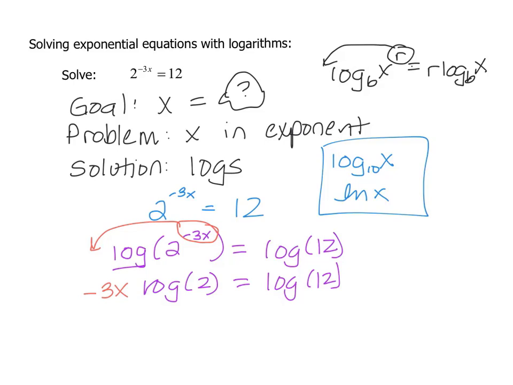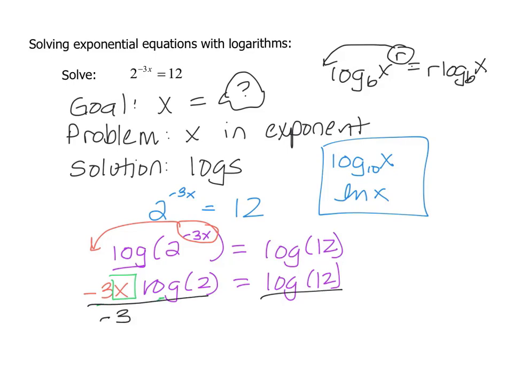And all I need to do now is isolate my x. Here's my variable. I need to get rid of this negative 3 and I need to get rid of log 2. We're just going to divide it out since it's attached by multiplication.